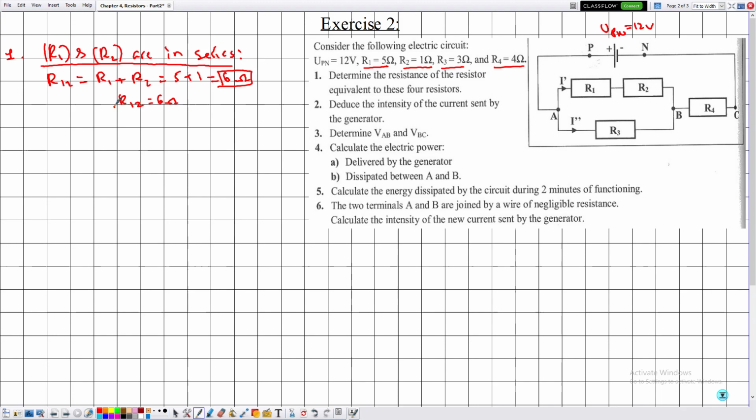And whenever we calculate an equivalent resistance, we need to represent it in a new electric circuit. Now in this exercise, it will be obvious why it is convenient to represent the equivalent resistance in a new electric circuit. So this is the battery. Here we have 2 resistors.